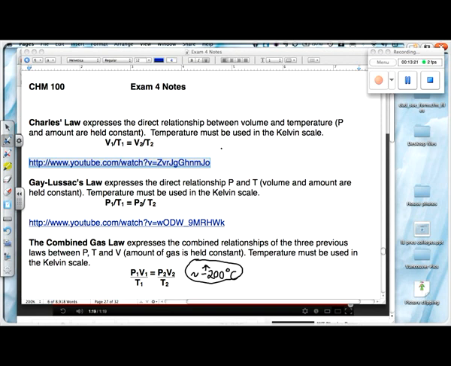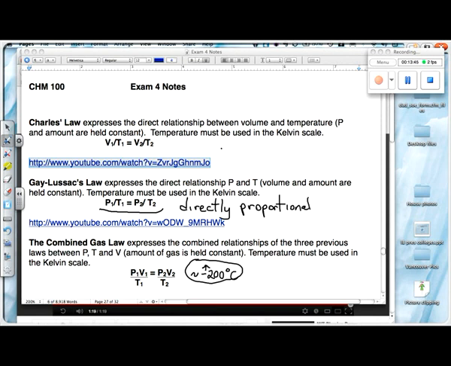We can show exactly the same thing with temperature and pressure. You slow the particles down by cooling them, then they are going to hit the sides of the container less often, decreasing the pressure. So once again, these are directly proportional since it looks exactly like Charles' law. This is Gay-Lussac's law.